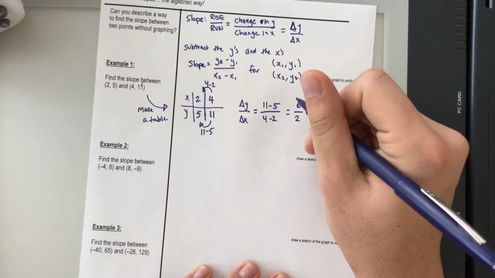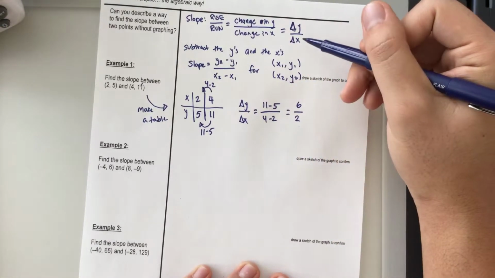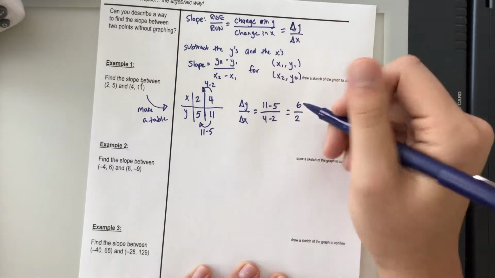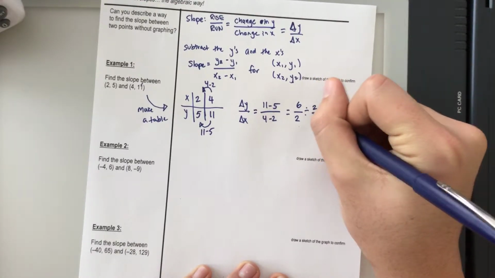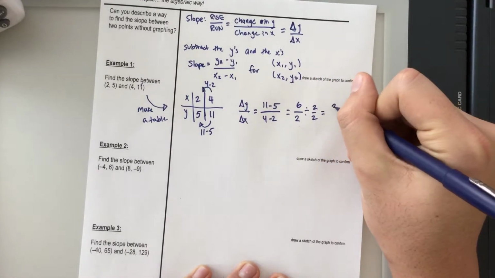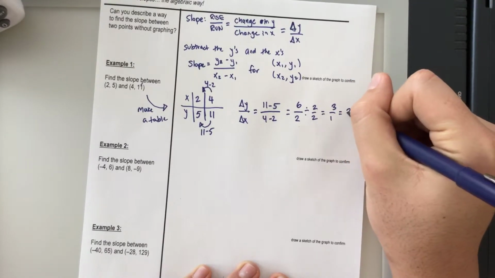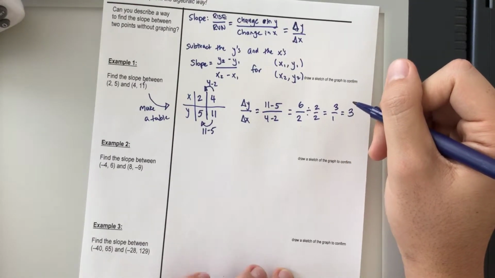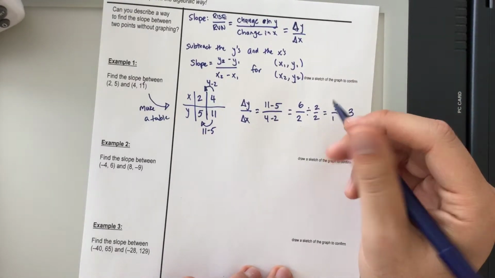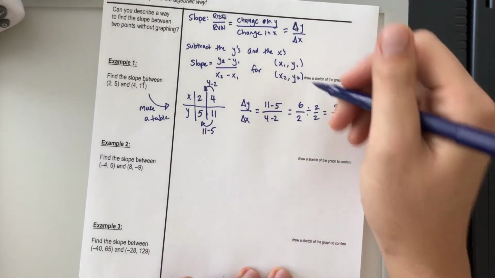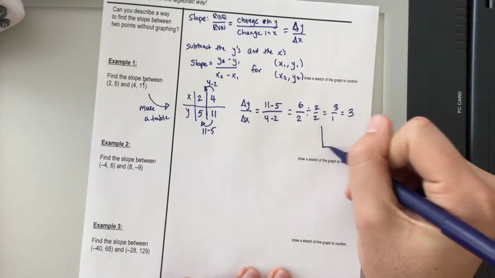That would be our slope. What we can do here is reduce 6 over 2 and get 3 over 1. So our slope is 3. All right. And here, let's draw a sketch to graph and confirm.